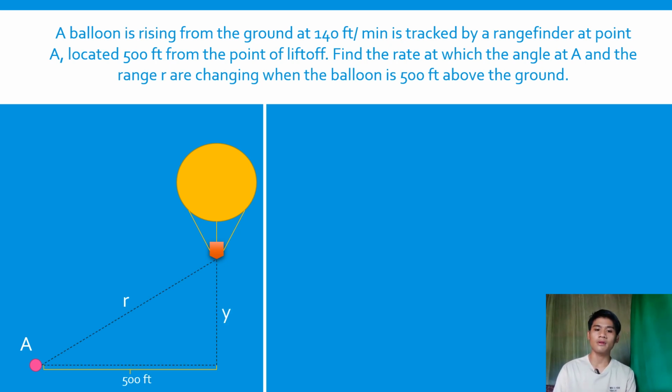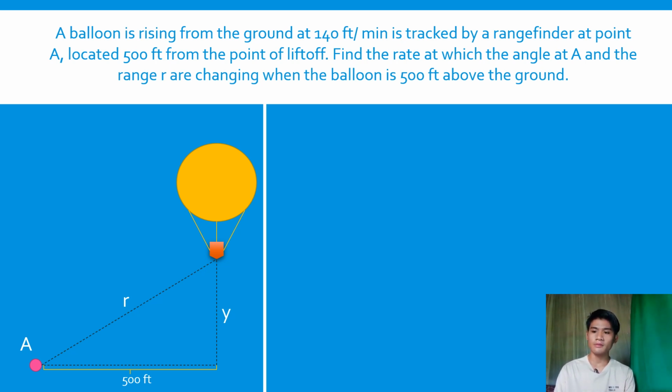We have the point A and the balloon, where y denotes the distance of the balloon from the ground, the line from point A to the balloon is r, and the ground distance is 500 feet.